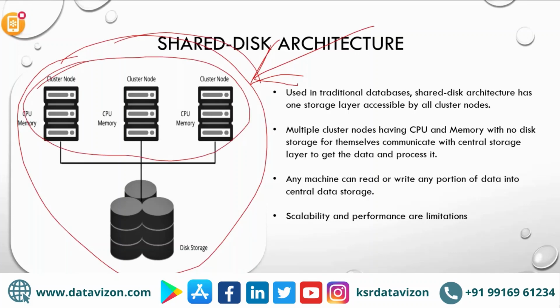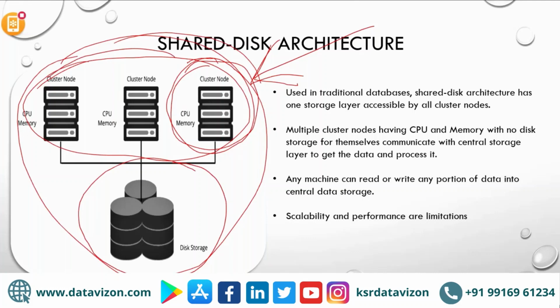Here, each cluster has its own CPU and memory. The CPU is for processing, and the memory is for storing the metadata, how the clusters are working, and the heartbeat of the clusters. But the main thing with shared disk is that there is a common shared disk storage for all the cluster nodes in the architecture.